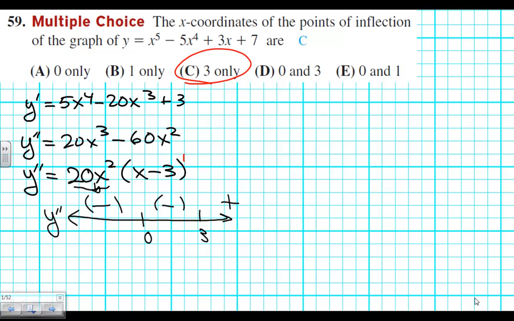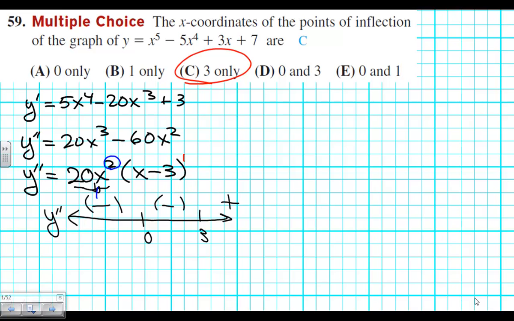Okay. The fact that this exponent is even means that there will not be a sign change as we go from one side of this 0 to the other. And it doesn't matter that it's 2, it matters that it's even. This exponent here is odd, and it doesn't matter that it's 1, it matters that it's odd.